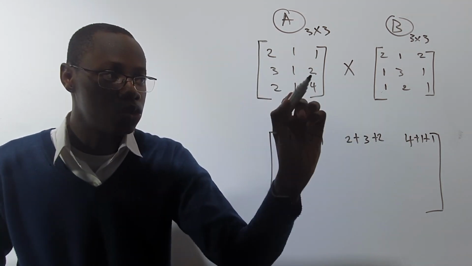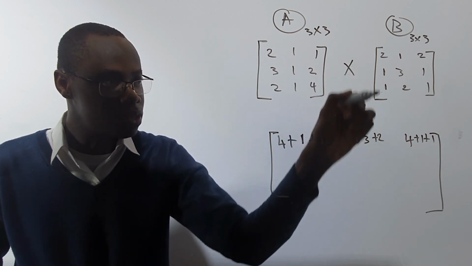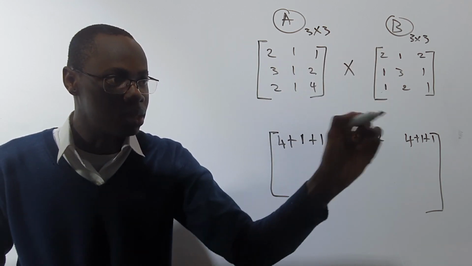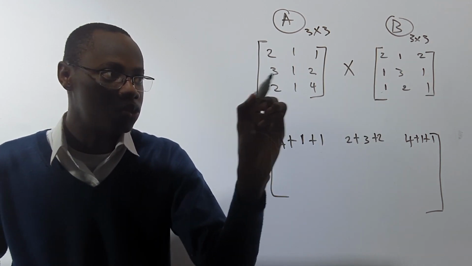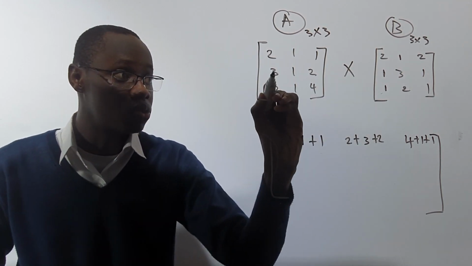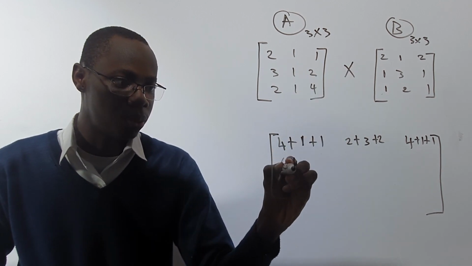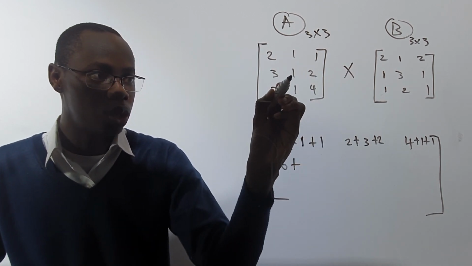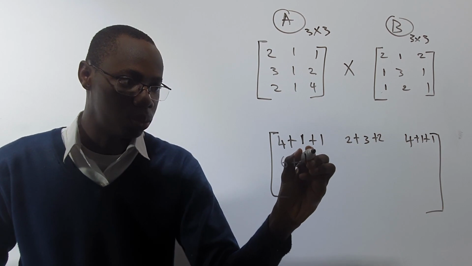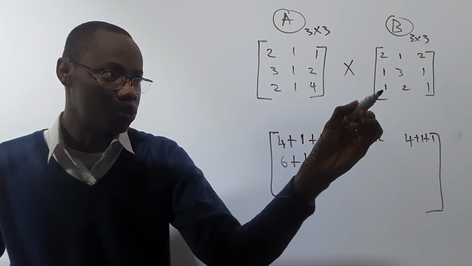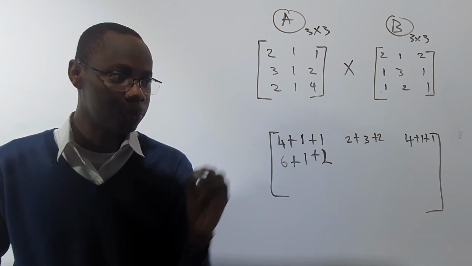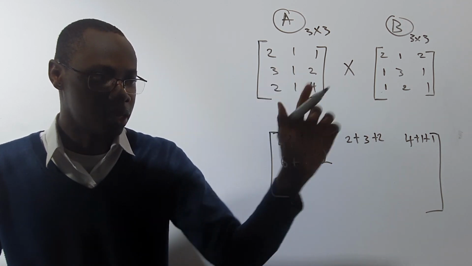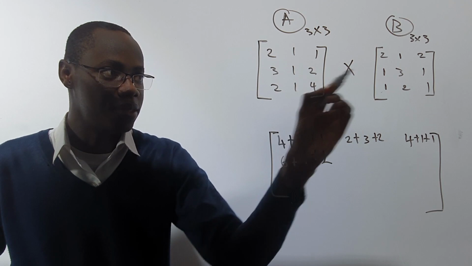The second row multiplied by the first column, the same thing, just keep multiplying it by the columns like that. So let's try it. 3 times 2 is 6, plus 1 times 1 is 1, plus 2 times 1 is 2. Then the next one, now multiply this by this.